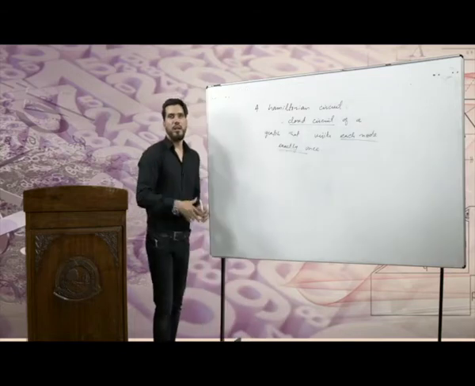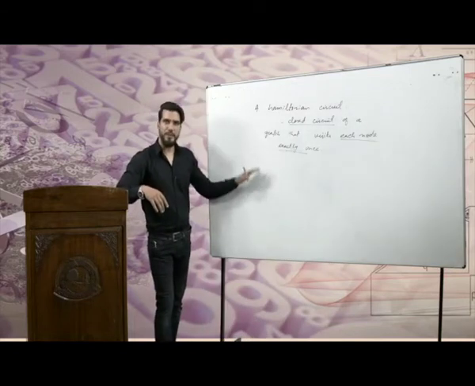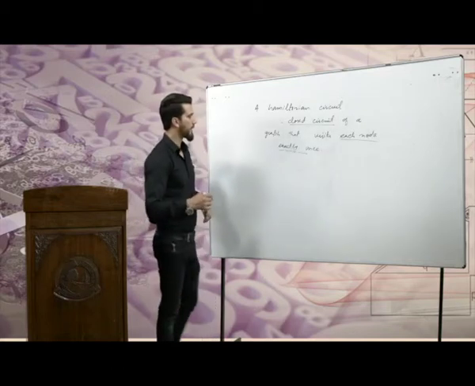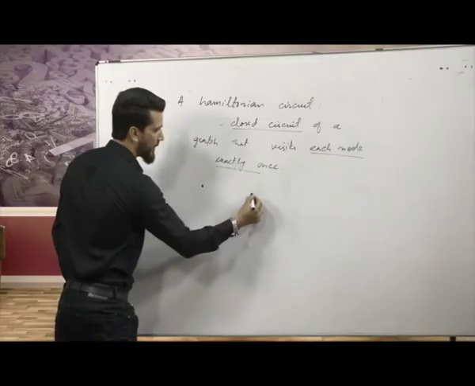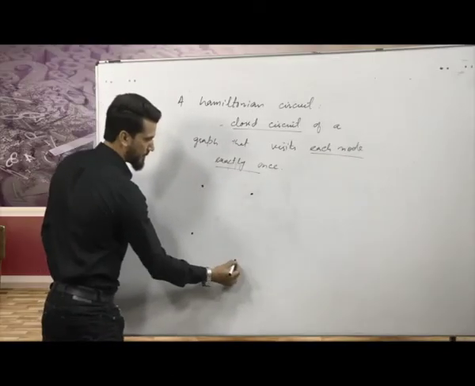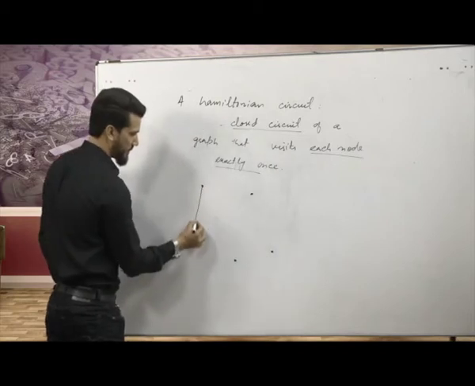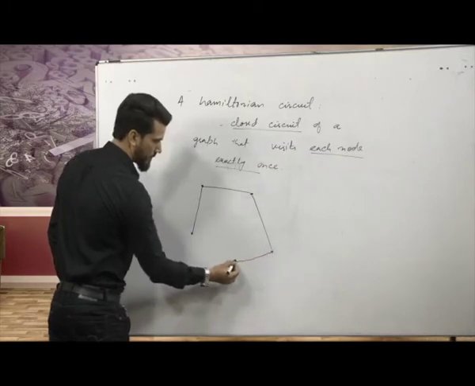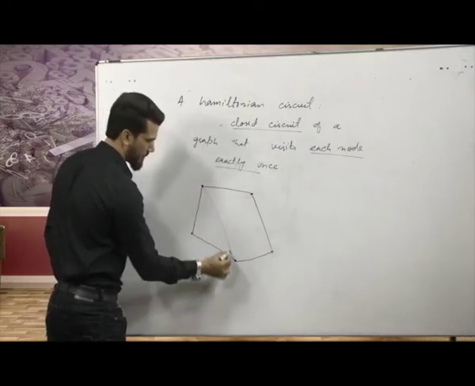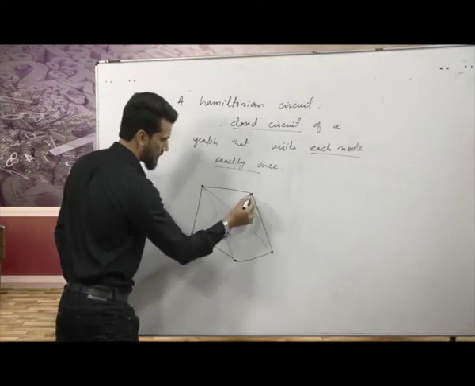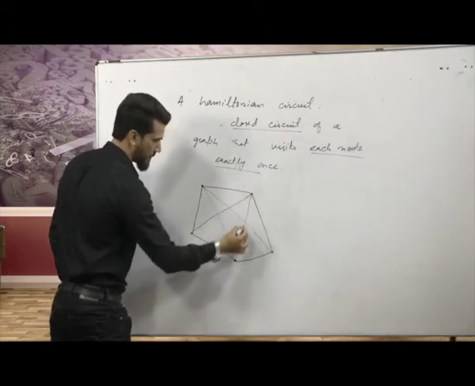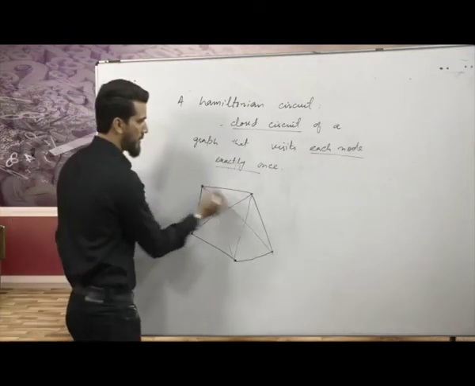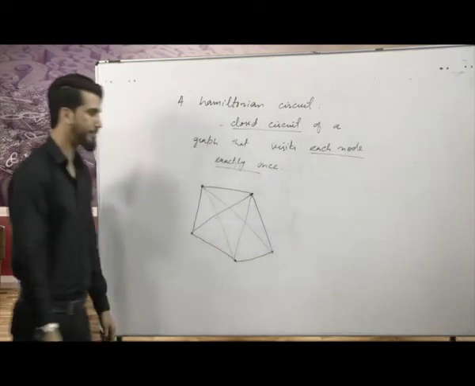Now, first of all, let me give you some examples of Hamiltonian circuits. Let me take a complete graph. If we have a complete graph like this, this is a complete graph, right? We have 5 nodes here, node number 1, 2, 3, 4, and 5.